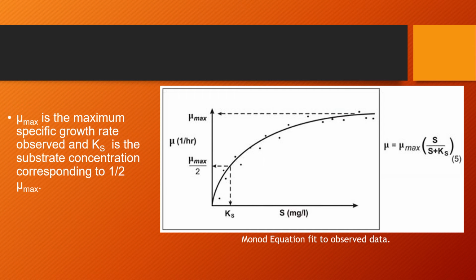Here the maximum growth rate is denoted by mu max on the top, and the substrate concentration at which the growth rate is half of mu max is Ks. So this is how we got this equation.